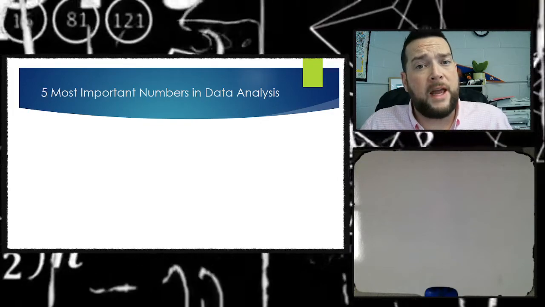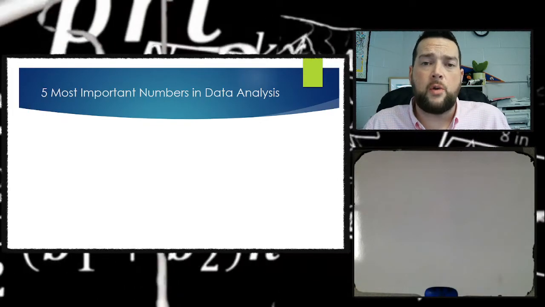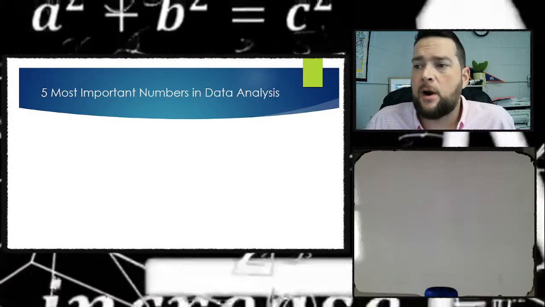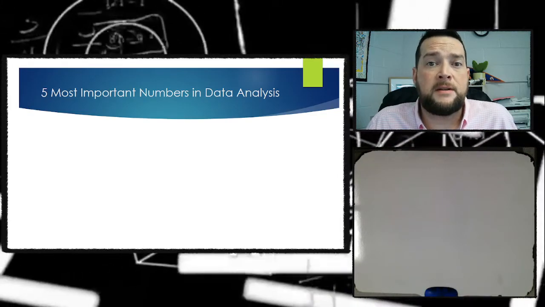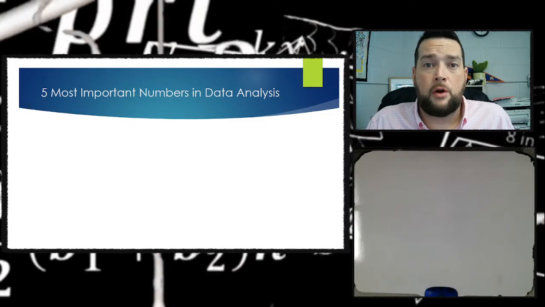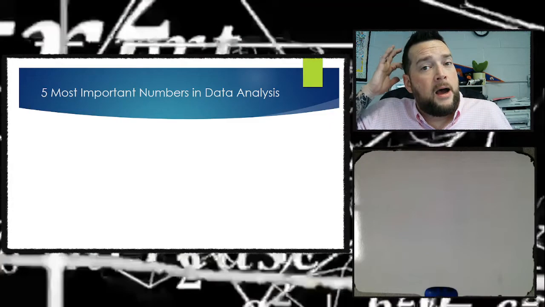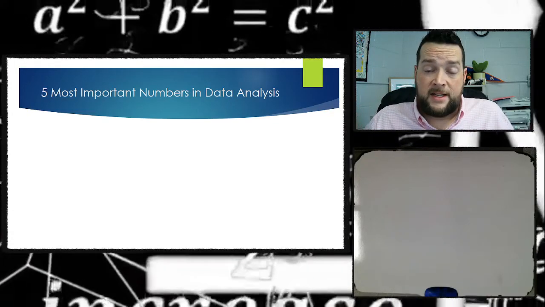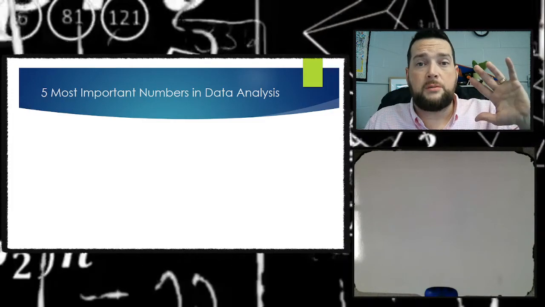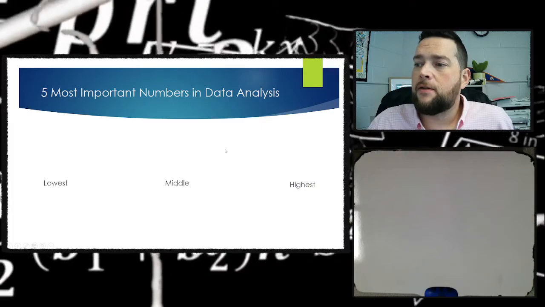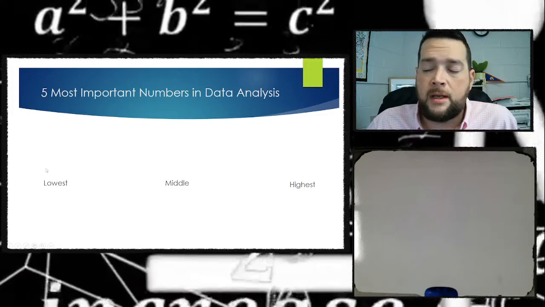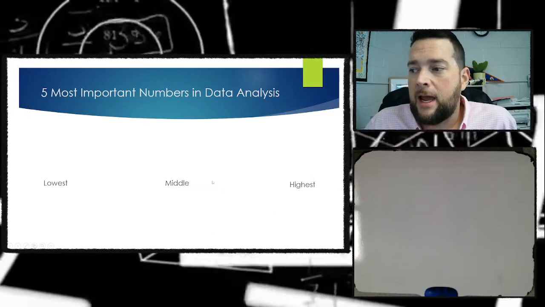So before we get to range and interquartile range, I want to start with talking about the 5 most important values or numbers in data analysis. Whenever you have a list of data, which is just a bunch of answers to a quantifiable question, there are 5 numbers that are the most important for data analysis. 3 of the numbers are pretty understandable: the lowest number in the bunch, the highest number in the bunch, and the middle number in the bunch.